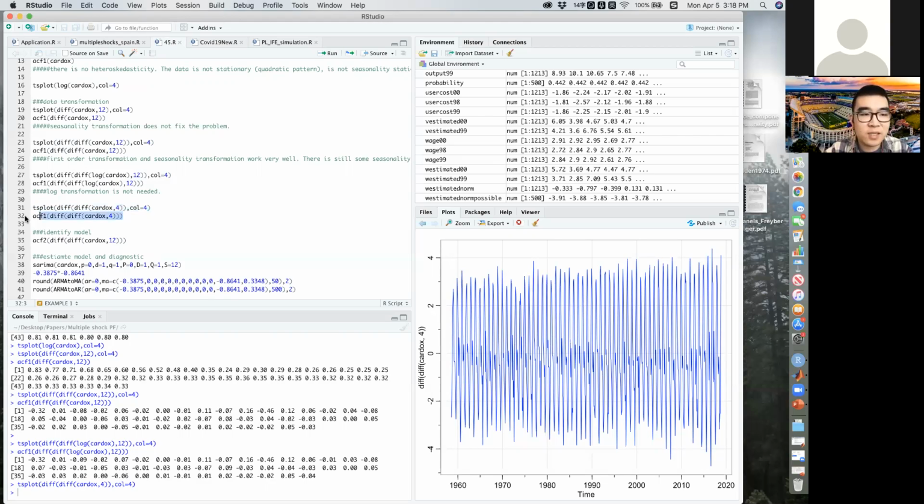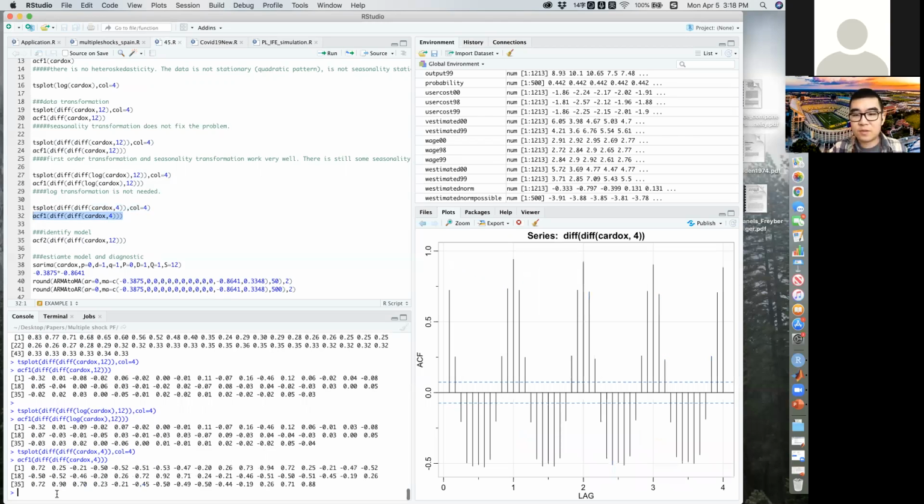And if I plot the ACF, you can see this is the ACF plot of this quarterly difference data. Okay, so obviously this ACF plot is not very good. Every lag is outside this confidence interval.